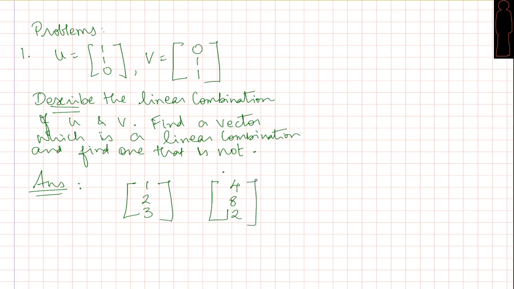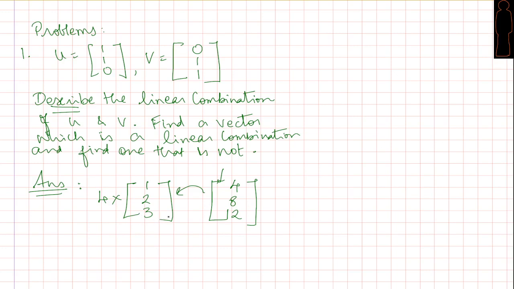We find that the second vector is actually a multiple of the first vector, which means it's a linear combination of the first one. And combining these two will never deviate you away from the line that passes through 0, 0, 0 and 1, 2, 3. This is what we have learnt.